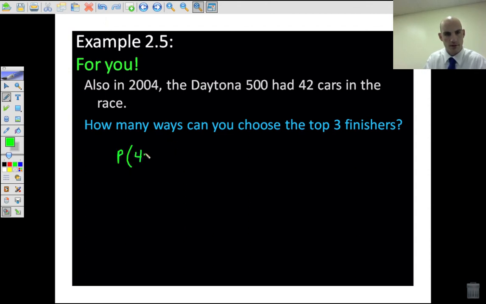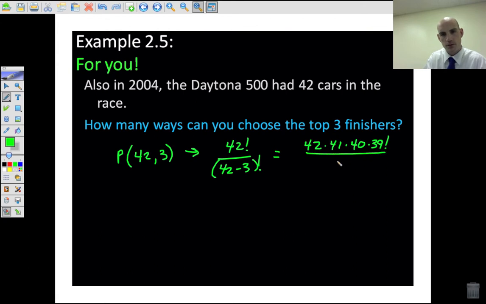Picking from 42, 3 of them. 42 factorial over 42 minus 3 factorial equals 42 times 41 times 40 times 39 factorial over 39 factorial. Boom, boom. Multiply that out. I get 68,880 ways. Daytona 500, full of possibilities.